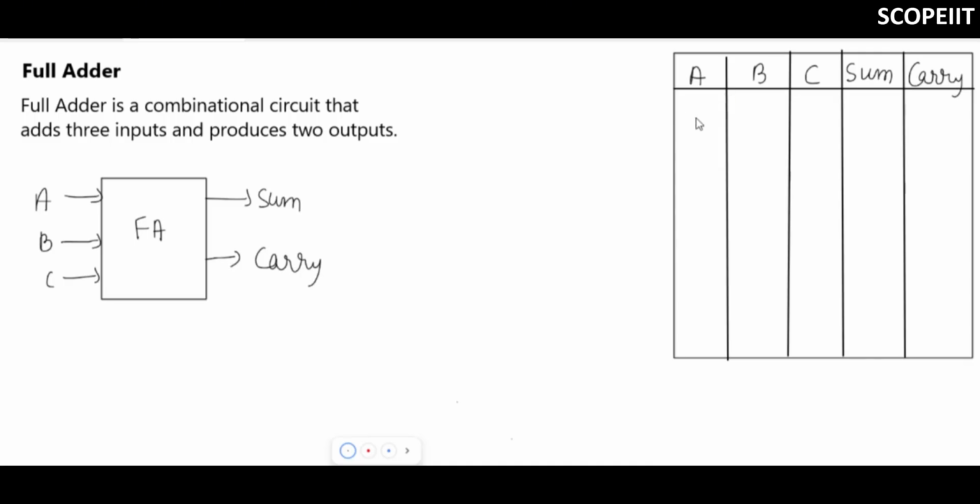You already know it. There will be 4 zeros and 4 ones. After that 2 zeros and 2 ones. Next is 0 1 0 1.